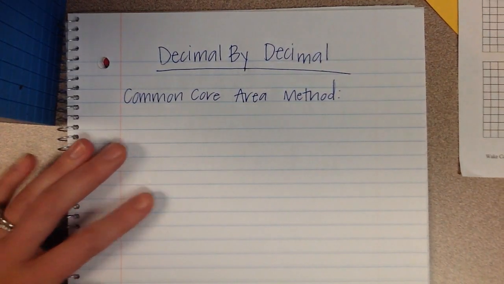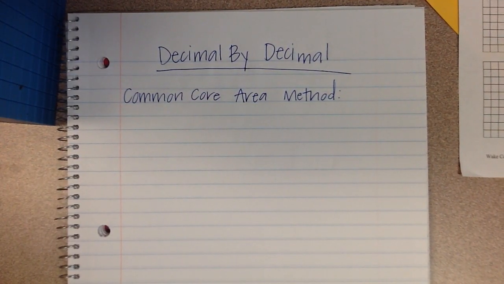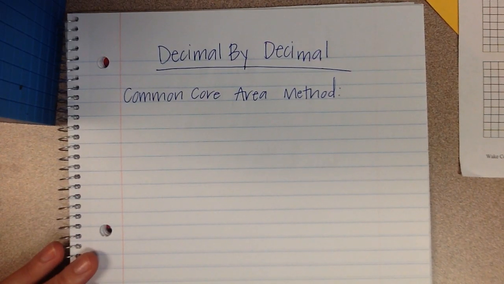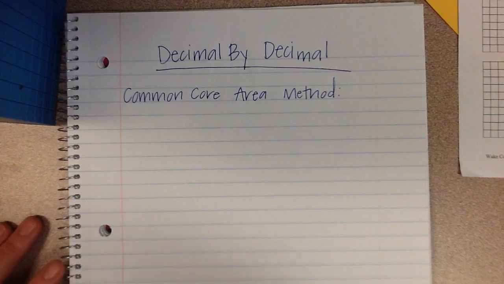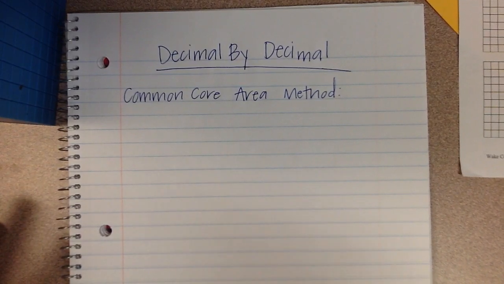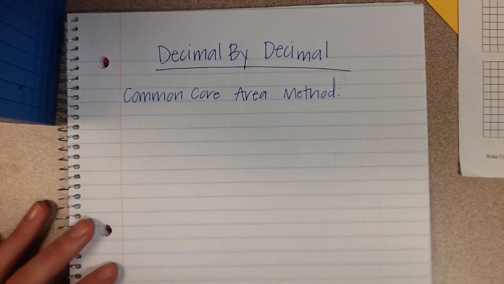I know the other day I said that we're going to do the rectangle area model method, and I kind of combine them together. This is probably my least favorite way of doing it. I will go ahead and tell you, a lot of your parents probably won't understand this way or like this way, because it is a very bizarre way of finding out the answer, but it does work.